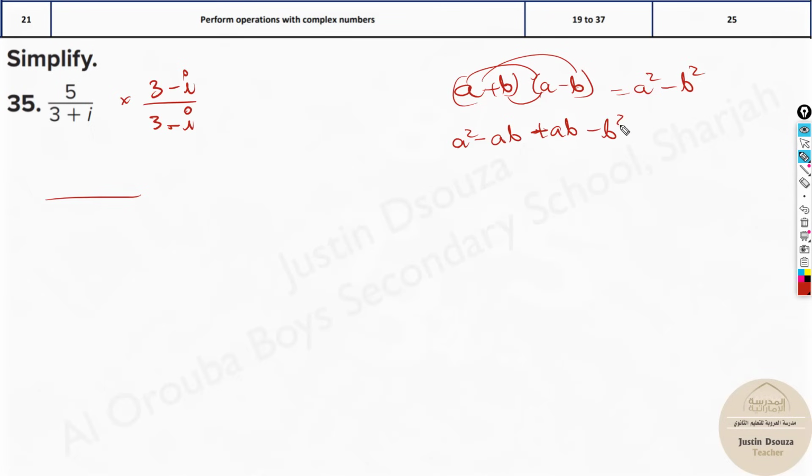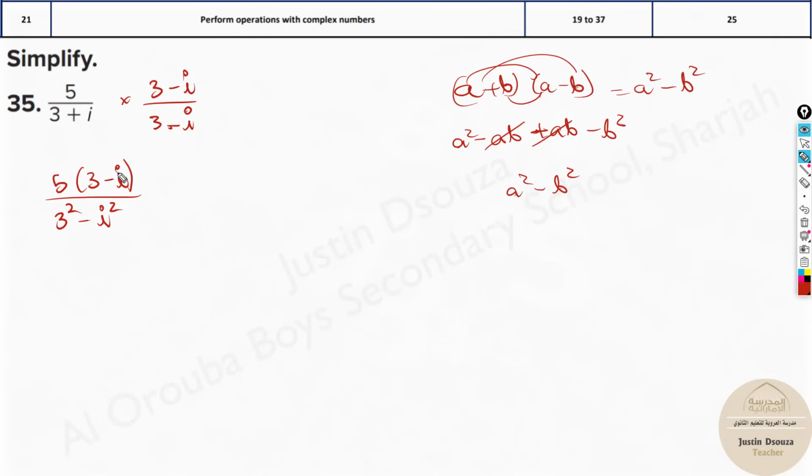And lastly minus b squared, and the middle terms cancel because it's plus and minus. You will have a squared minus b squared. You can remember this formula directly. Here it will be helpful because 3 plus i, 3 minus i will be 3 squared minus i squared. And then up above we just write them together. 3 times 3 minus i.